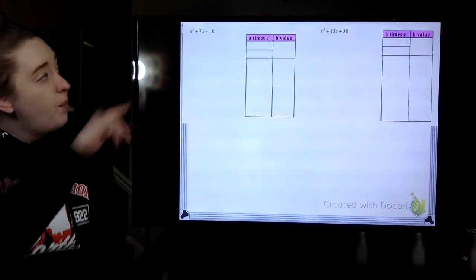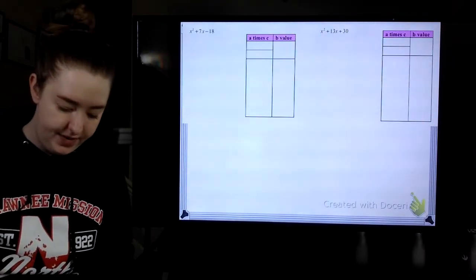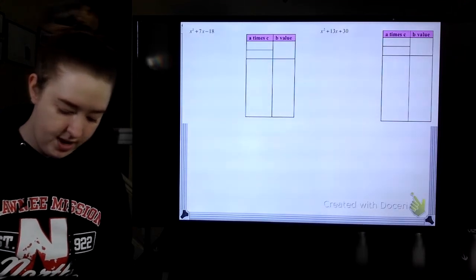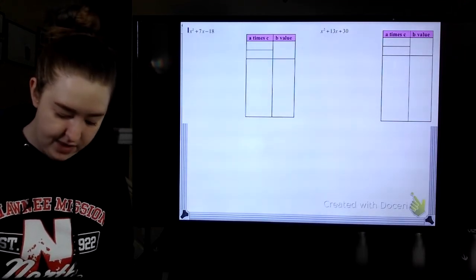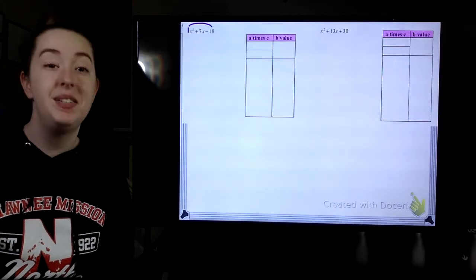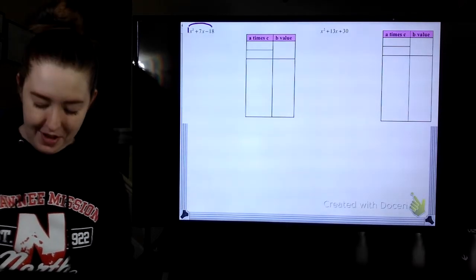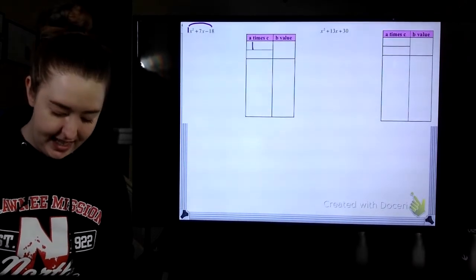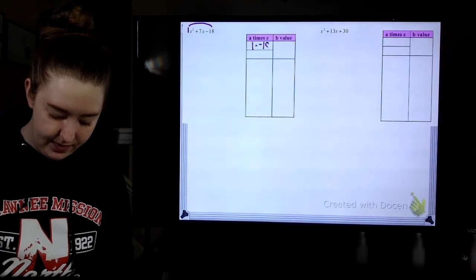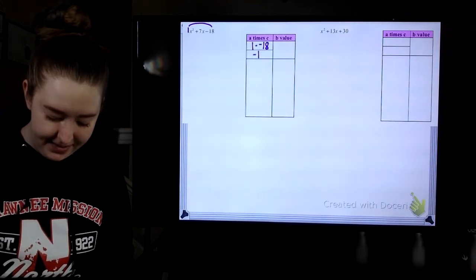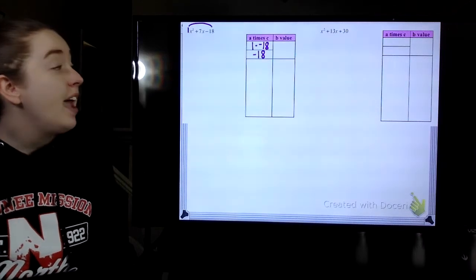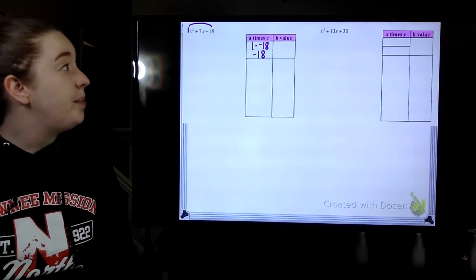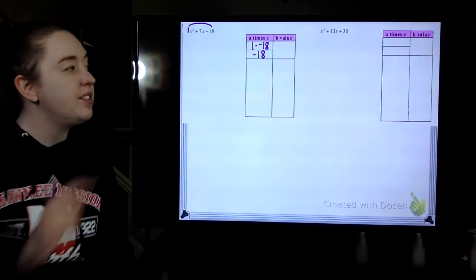On the next one, what's my number in front of x squared if there's nothing there? That's a 1. Then we multiply a times c, so we make a rainbow. 1 times negative 18 is negative 18. And then we need to find our b value. Our b value is our number on our x, so that's positive 7.